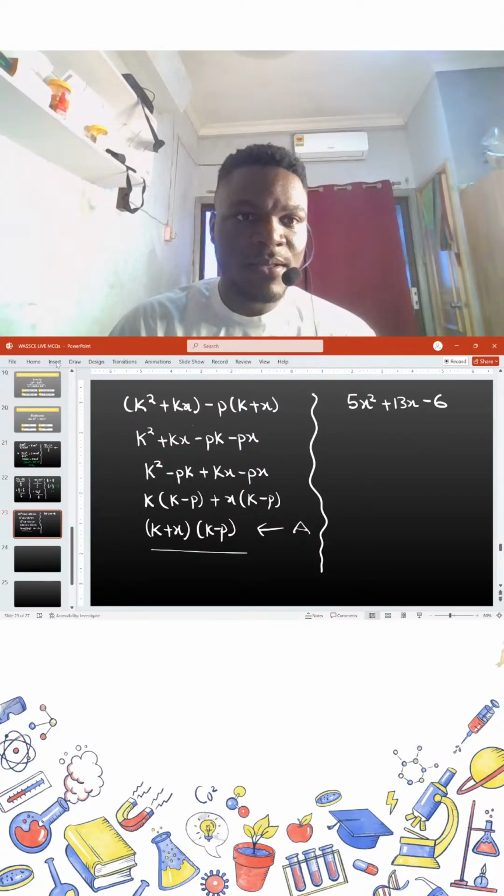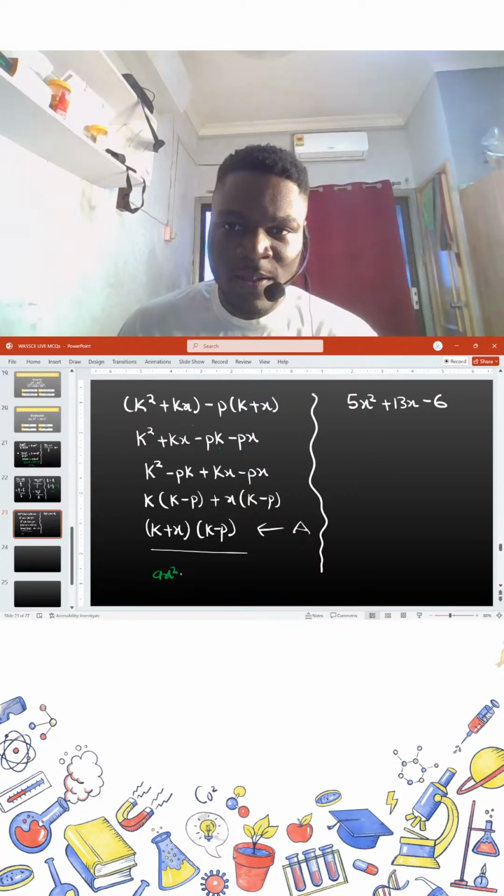Now, I need to explain so that we all understand. So this expression is of the form ax squared plus bx plus c. In this particular case, it will become minus c.